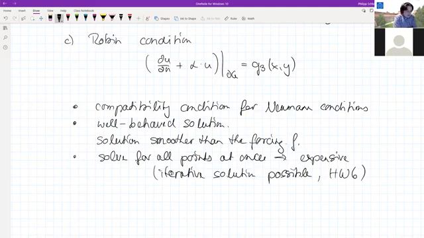The reason why in elliptic problems you don't have that direction and you need to solve for everything at once is that your characteristics are actually complex. They are not directions in physical space, so not in x and y, but rather complex. So the mathematical properties say that there are no physical propagation directions.